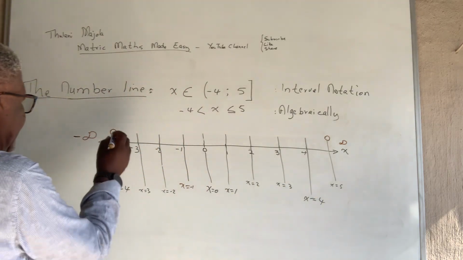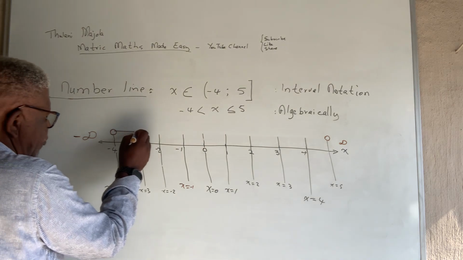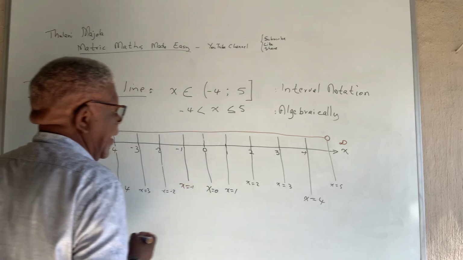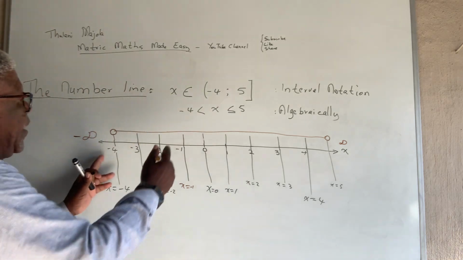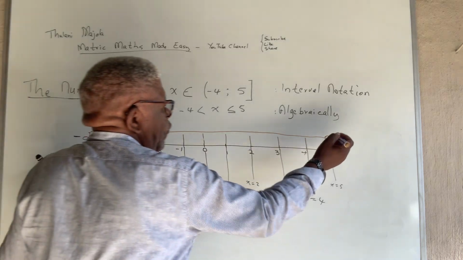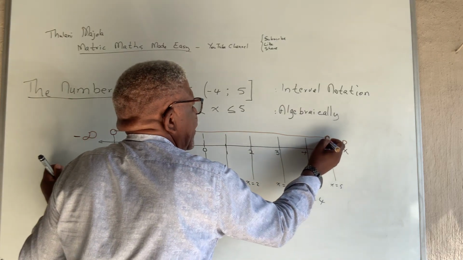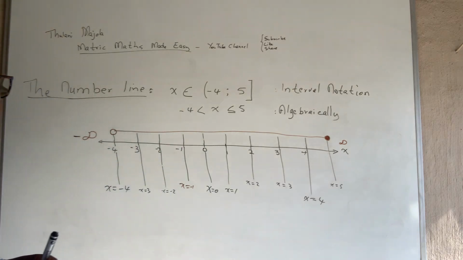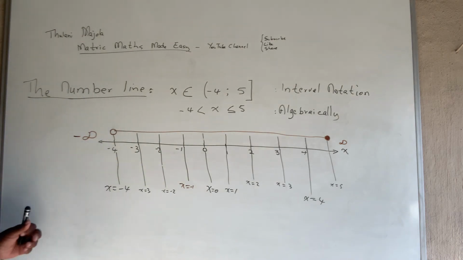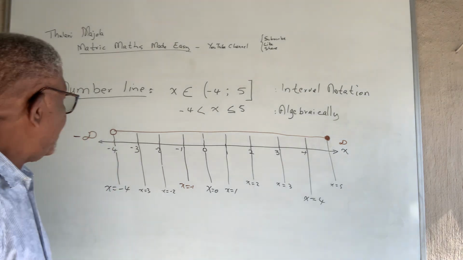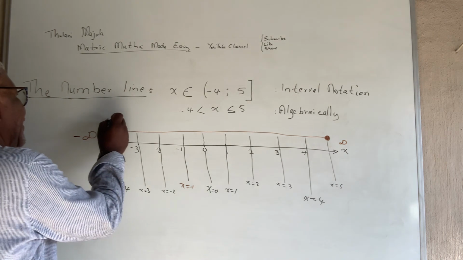So these numbers here, we're just going to draw a straight, horizontal line. All these numbers between -4 and 5 don't include -4, but they include 5. If they include 5, then the 5 is represented by a dot. Meanwhile, if it doesn't include -4, then it's represented by a circle.